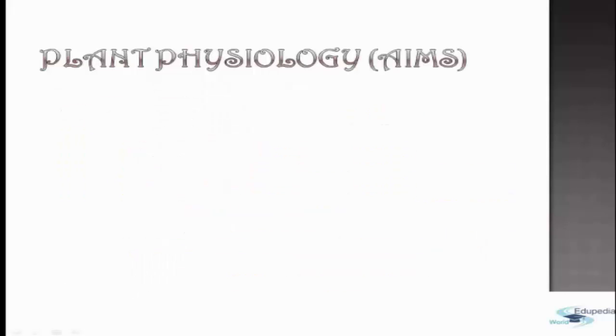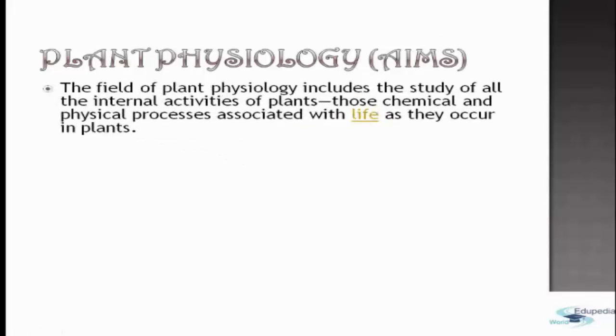What is the aim of plant physiology? The first priority or aim of this field includes the study of all the internal activities of plants, those chemical and physical processes associated with life as they occur in plants.